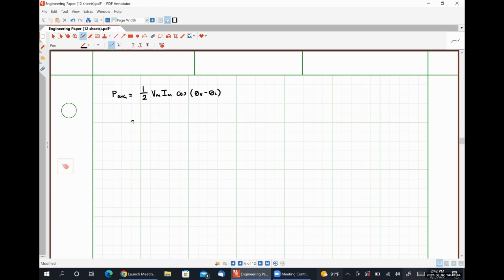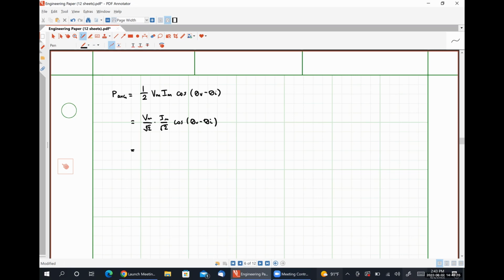Well, we can play a little bit fast and loose here and say that Vm over the square root of 2 multiplied by Im over the square root of 2 times cosine(theta v minus theta I) must also equal the average power, since 1/2 is just 1 over the square root of 2 times 1 over the square root of 2.